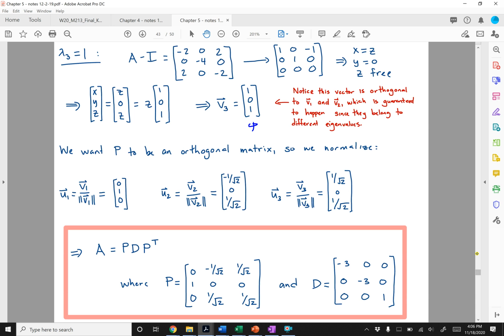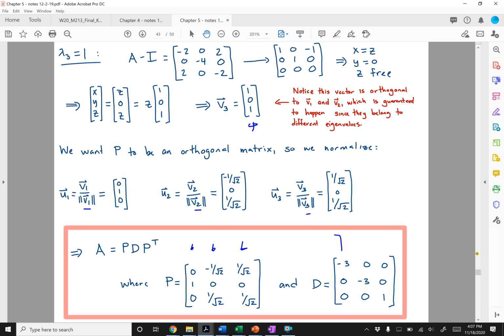So we have 3 orthogonal vectors, but we need to make them orthonormal, so we divide by the length of each one. And this one's easy. Here you end up with lengths of square root of 2, so you divide by the square root of 2. And now you can create P with the 3 orthonormal vectors.